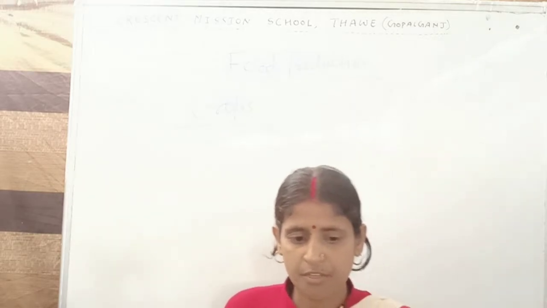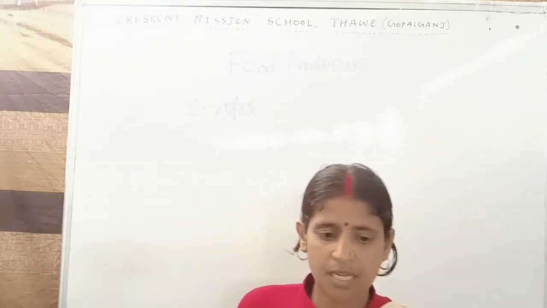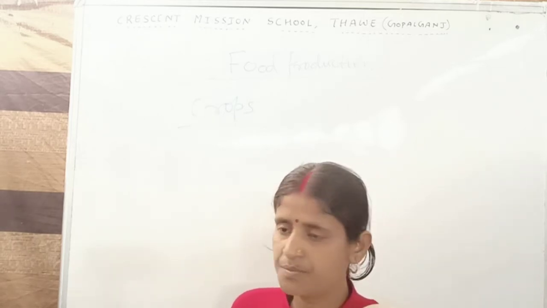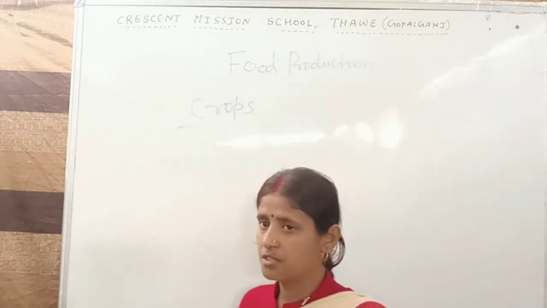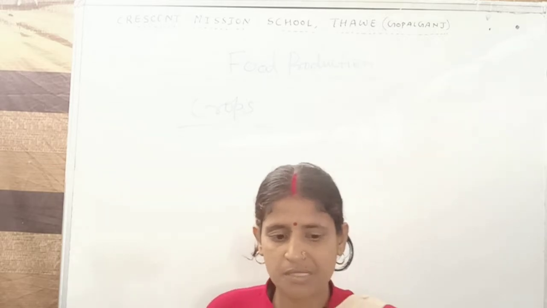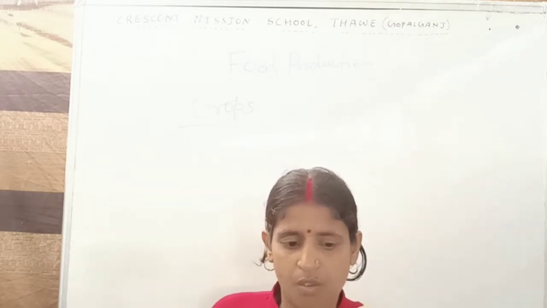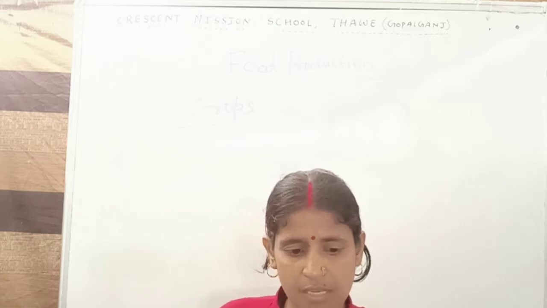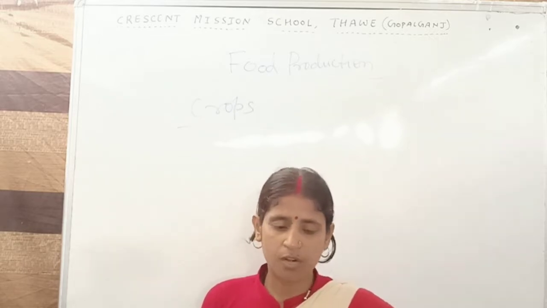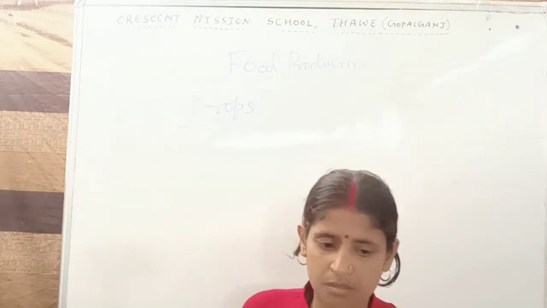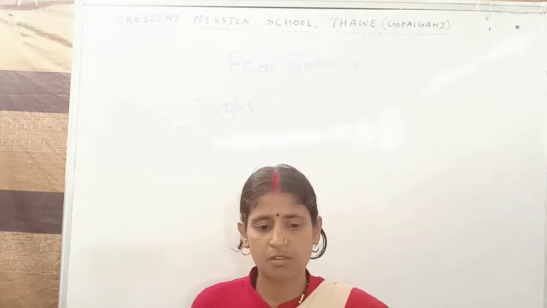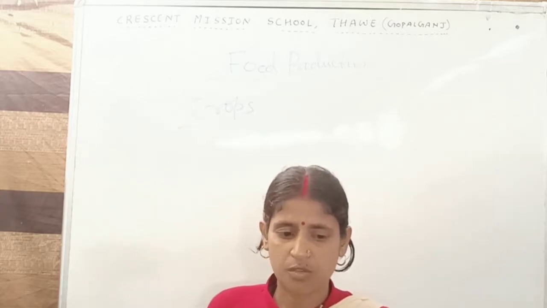For your better information, there are many food crops grown for the production of food. The food crops which are grown for the production of food, such as cereals, pulses, oil seeds and sugar crops, are called food crops. Crops grown for commercial purposes, like rubber, coffee and spices, are called cash crops.